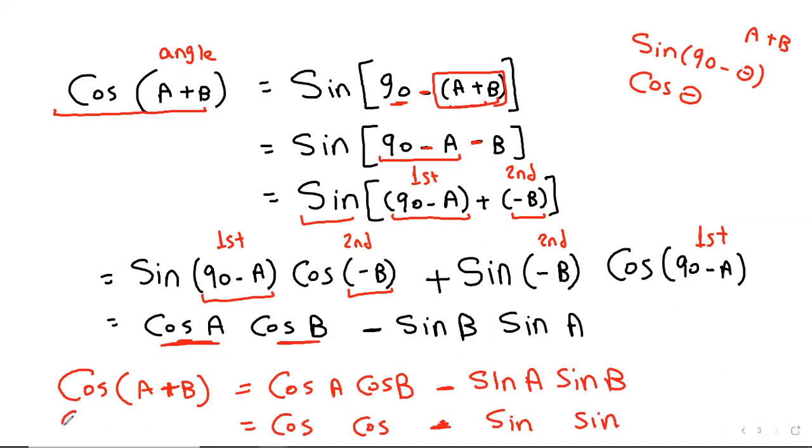So let's say we have cosine x plus y: it is going to be cosine x cosine y minus sine x sine y.